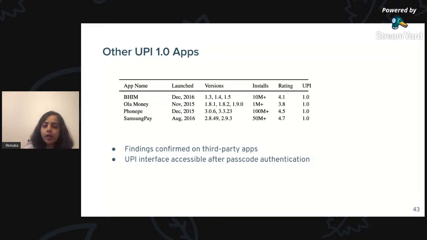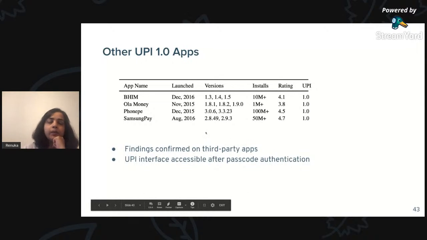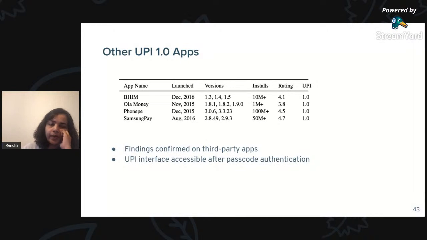And then we also tried the attacks and confirmed the workflow with other third-party UPI apps available at that time, popular apps like Samsung Pay, PhonePe, and Ola. The only distinction between Beam and the other third-party apps is that the UPI interface is accessible only after passcode-based authentication, which we could do using an attacker-controlled account. Passcode was easily bypassable.